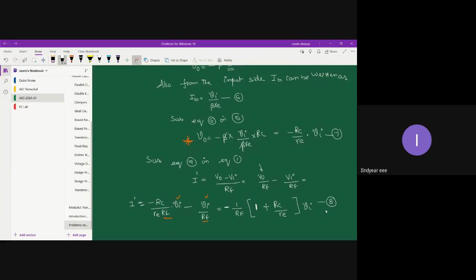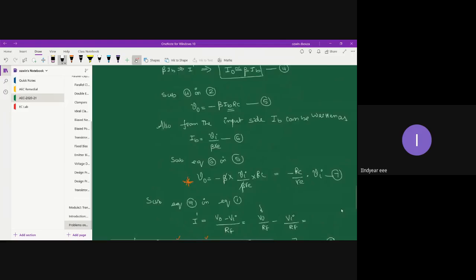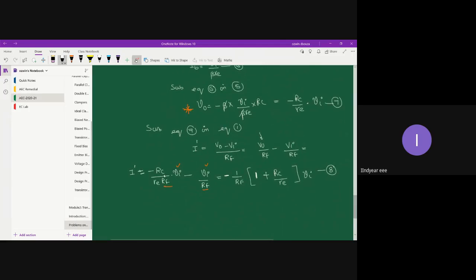Next, what we can do is write the expression for Vi, because in the end we have to take out the expression Vi by Ii. The whole idea is to get this expression Vi by Ii. So we also have I dash.